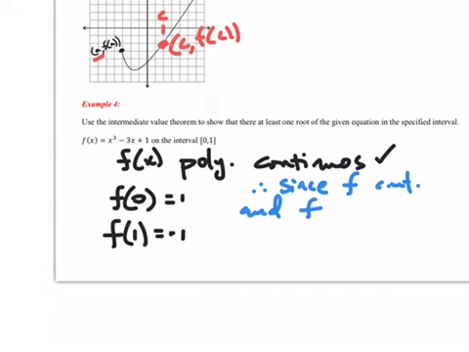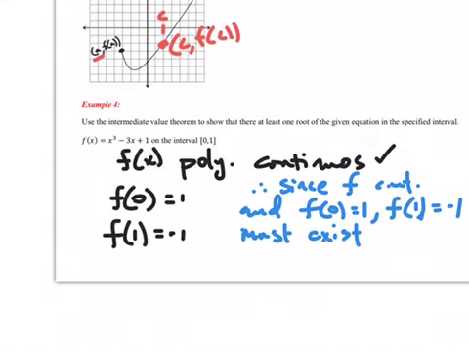And f of 0 equals 1, where f of 1 equals negative 1, there must exist some c such that f of c equals 0.